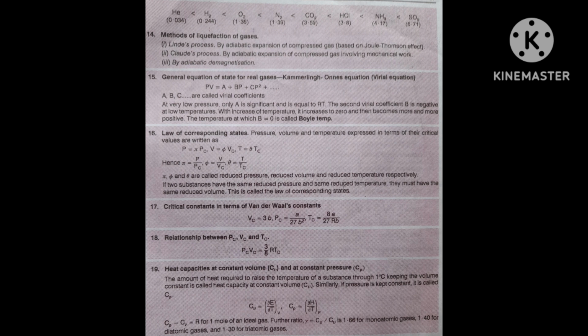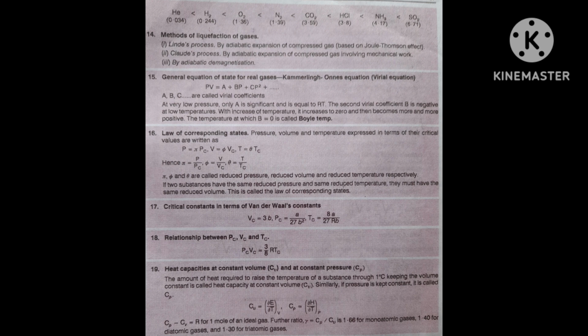Heat capacity at constant pressure is always greater than Cv, because in Cv the volume will be constant, so only heat required to raise the temperature by 1 degree is needed. But in Cp, heat required to raise the temperature by 1 degree plus additional heat required to do the work of expansion, because gas will expand. Hence always Cp will be greater than Cv, and the difference is called R. That's why Cp minus Cv is equal to R for 1 mole of an ideal gas.